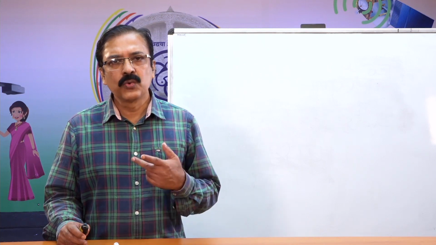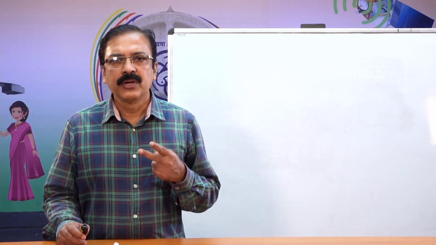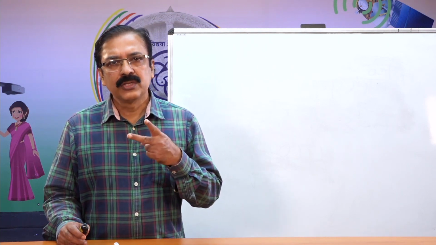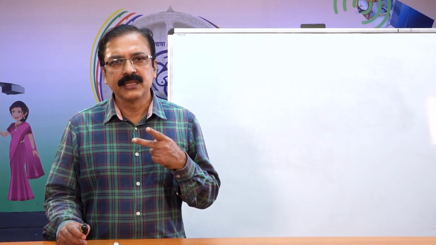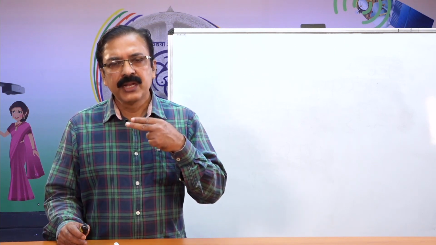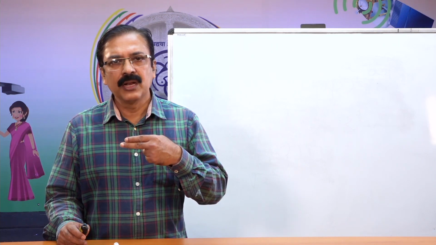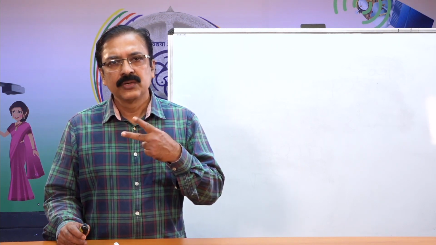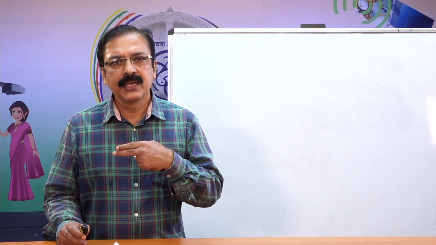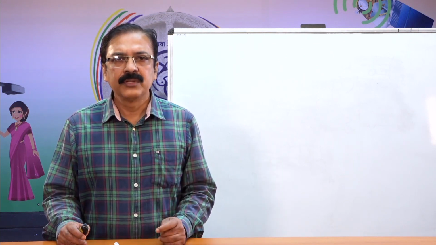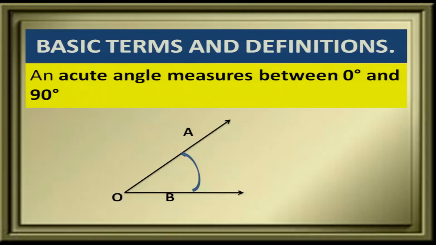Here we discussed that two rays constitute an angle, but actually these are two positions of the ray. From the initial position, the ray rotates to some degree, and that degree of rotation is the measure of the angle.